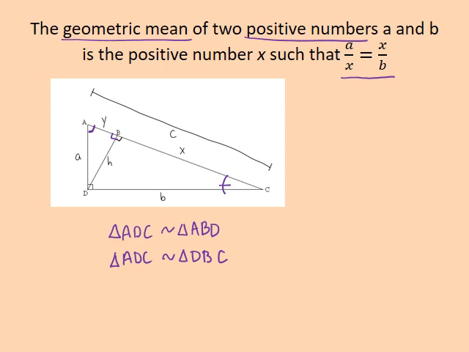Since triangle ADC is similar to triangle ABD and triangle ADC is similar to DBC, we can say that triangle ADC is similar to triangle ABD, which is also similar to triangle DBC.